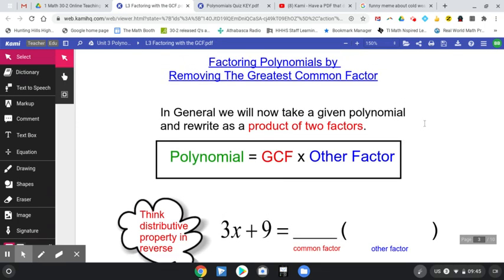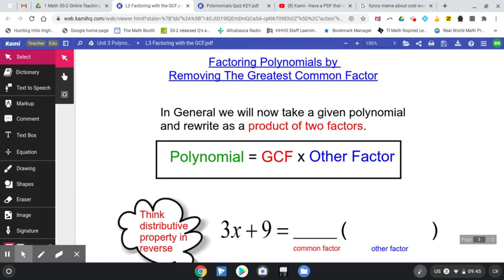So today's topic is just about removing a greatest common factor. This would be the first step of factoring every single time that it's possible. So this first step, if we make a mistake on our first step, it's hard to get anything else right. So it's very important.